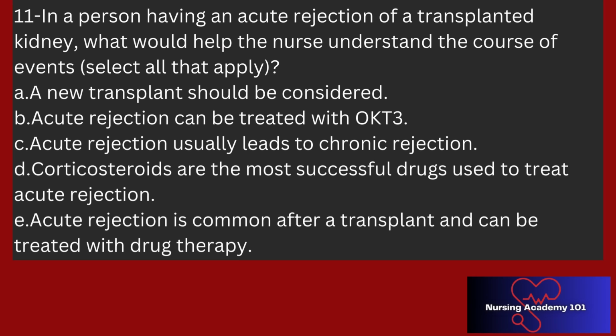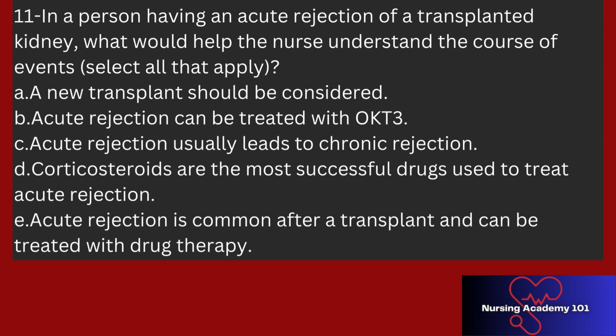Question number 11. In a person having an acute rejection of a transplanted kidney, what would help the nurse understand the course of events? Select all that apply. A. A new transplant should be considered. B. Acute rejection can be treated with OKT3. C. Acute rejection usually leads to chronic rejection.